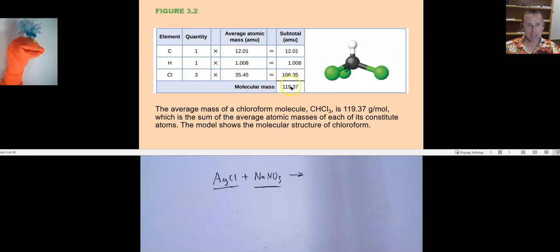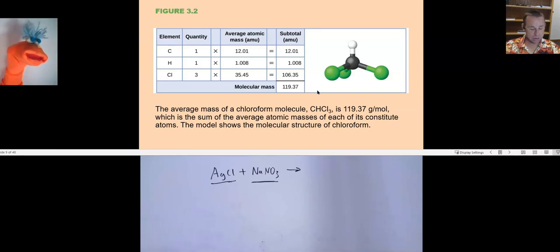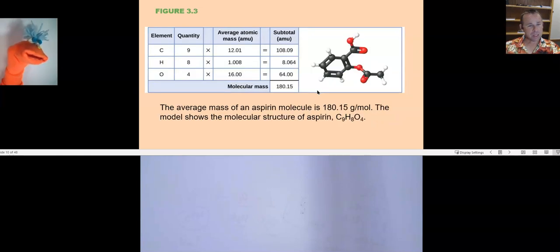I call this a molecular mass because this is a molecule. How could I know that CHCl3 was a molecule, Fred? You mean because it's made of nonmetals? That's right. So that's a molecular compound, so I can identify its mass as its molecular mass. All right, here's another one.